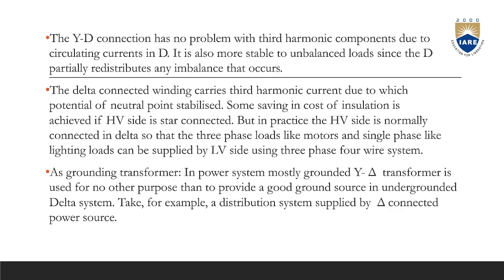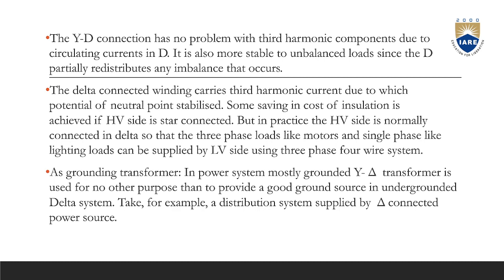The YD connection has no problem with third harmonic components due to circulating currents in D. It is also more stable to unbalanced loads since the D partially redistributes any imbalance that occurs. The delta connected winding carries third harmonic current due to which the potential of the neutral point is stabilized.